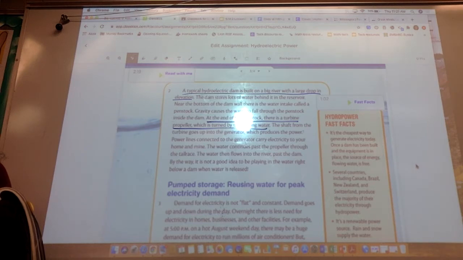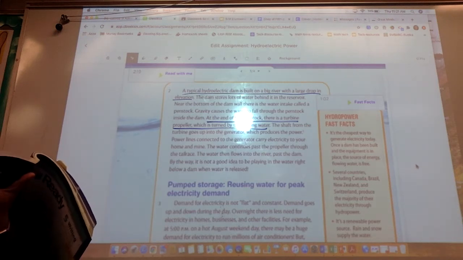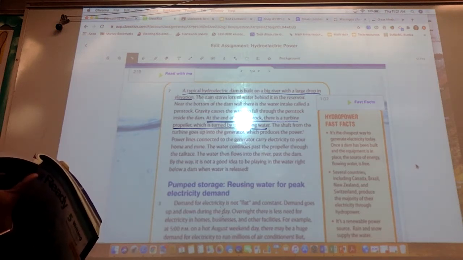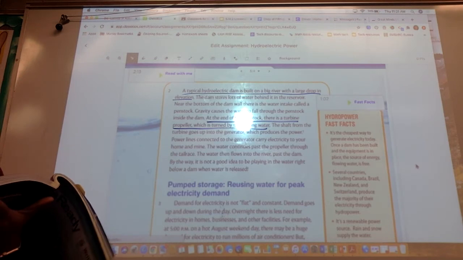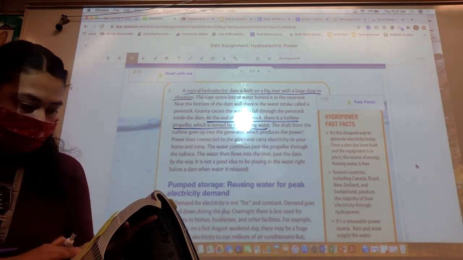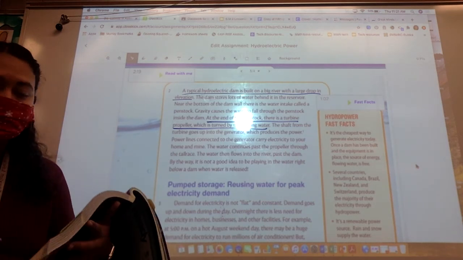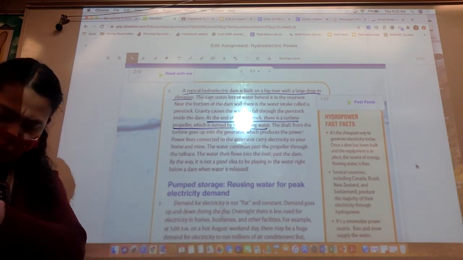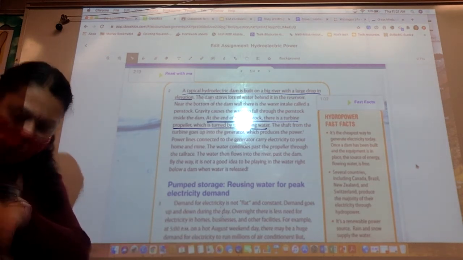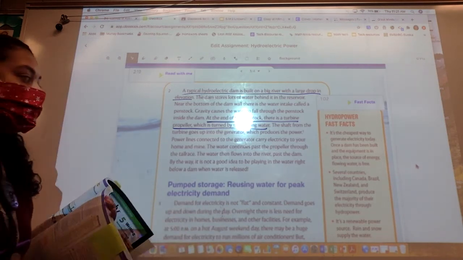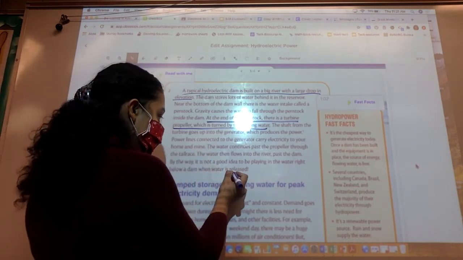The water then flows into the river past the dam. It is not good to play in the water right below a dam when the water is released. Yeah, I'm highlighting that. You can highlight that if you're going to put that into your writing.